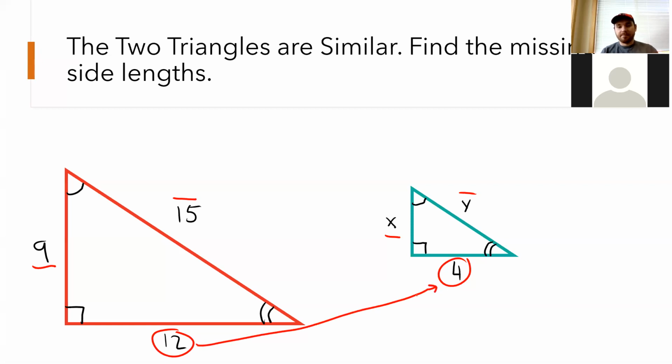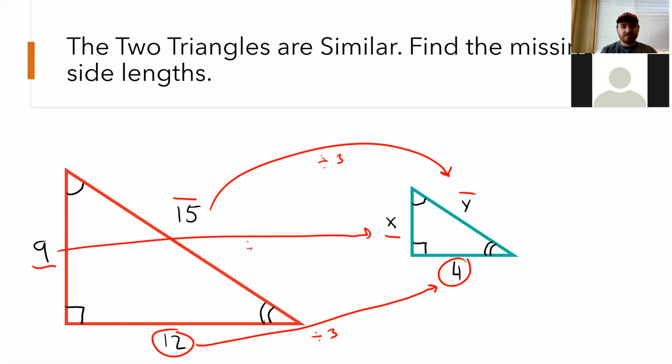What do we have to divide by? Yeah, exactly. So we have to divide by 3 in order to get from 12 to 4. So that means in order to get from 15 to Y, we have to divide by 3. And in order to get from 9 to X, we have to divide by 3. So that's going to give us X equals 3 and Y equals 5.